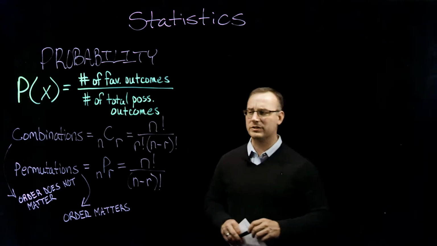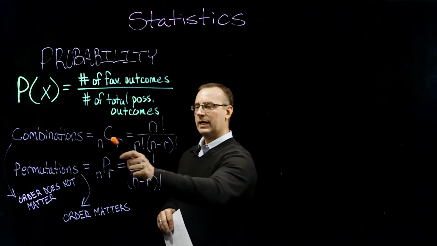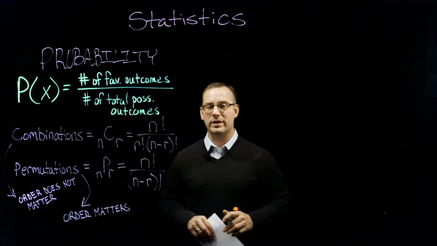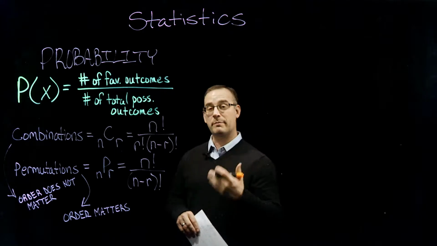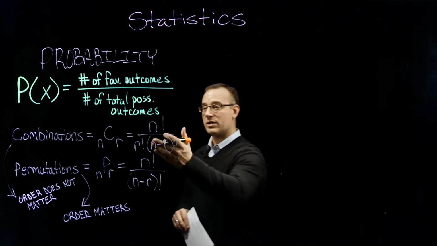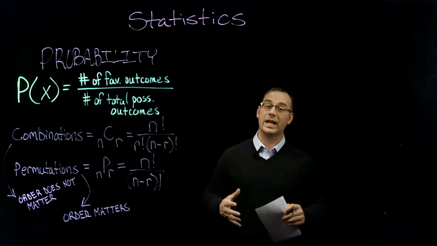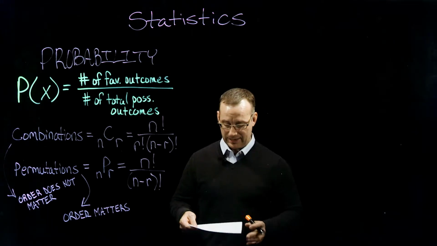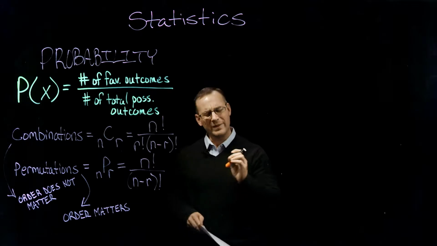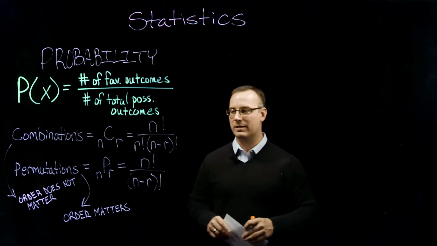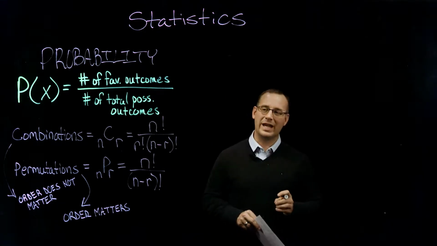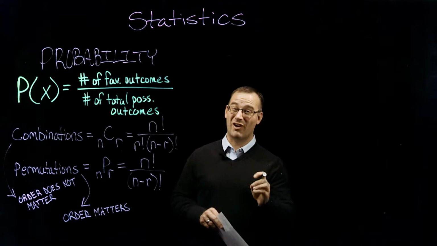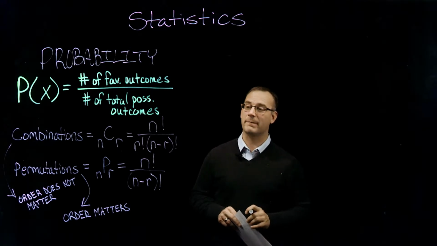A combination, you'll see it written as nCr, where n stands for the number of possibilities, and r indicates the number of favorable draws from that. In the last example we did in the previous video, we were looking at the probability of drawing two aces from the deck.